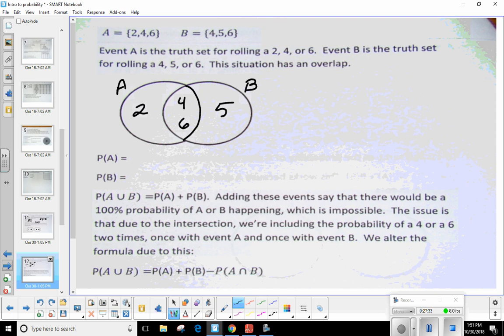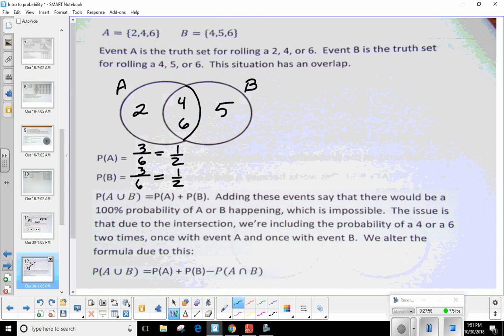Let's take a look at their individual probabilities. What's the probability of rolling a die and getting either a 2, 4, or 6? 1/2, because we have 3 outcomes over 6 total. Okay. Let's do the same thing for probability B. Again, 4, 5, or 6. 3 out of 6 total, so it's 1/2.